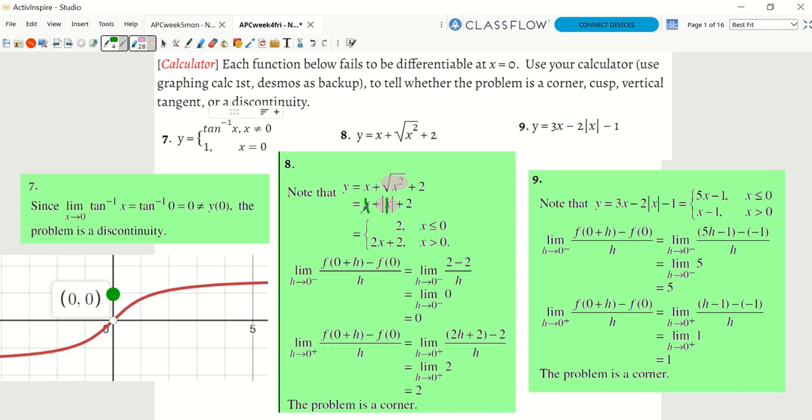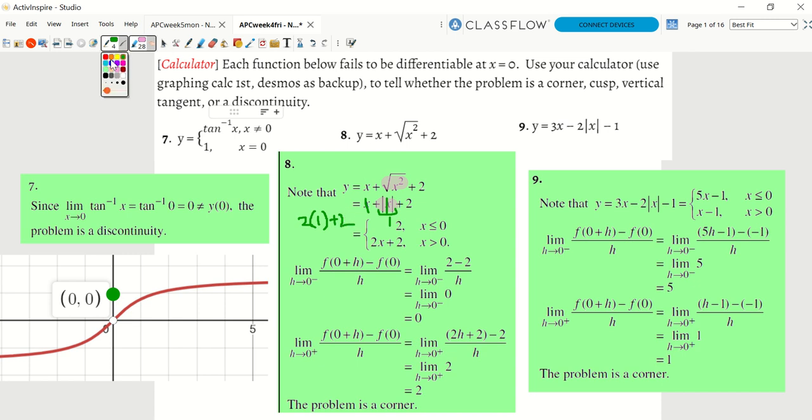Well, if x is positive 1, this becomes positive 1, which basically becomes 2 times positive 1, plus the 2.